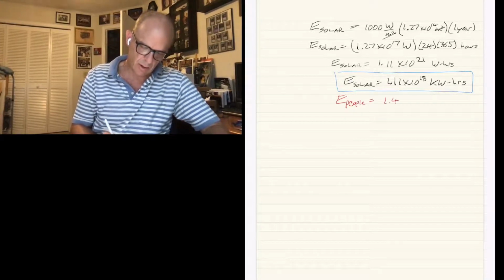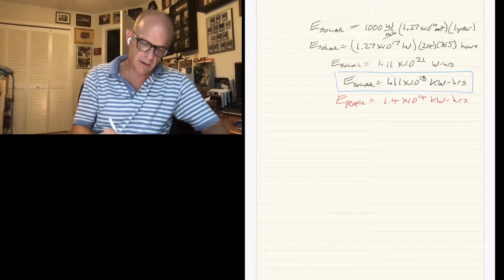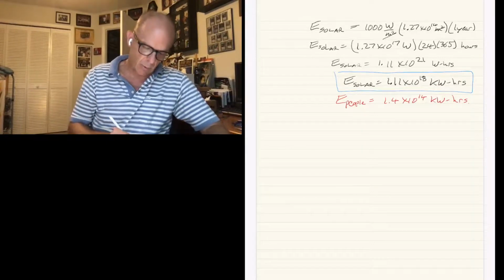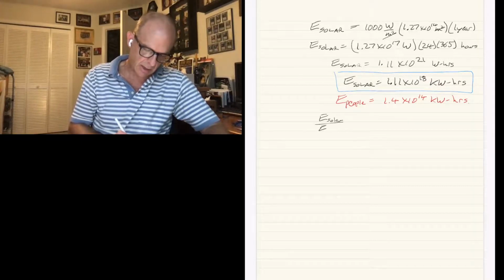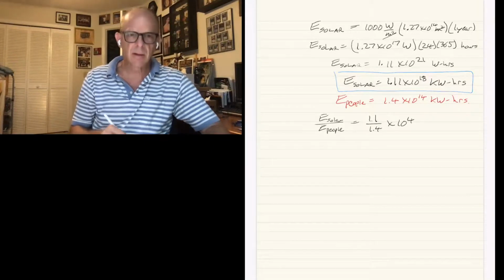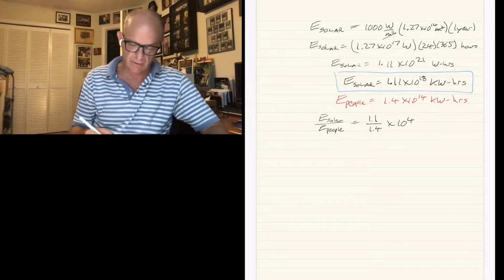If I take the ratio of those two numbers, I find E solar divided by E people is 1.1 over 1.4 times 10 to the fourth. And we've done some approximations here. 1.1 over 1.4 is about 0.7. Not going to worry about that little difference. It's on the order of magnitude of 10 to the fourth, which is 10,000.